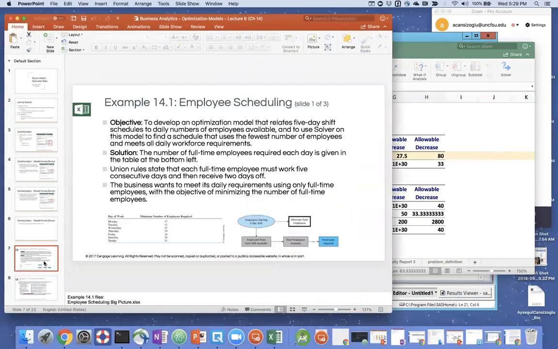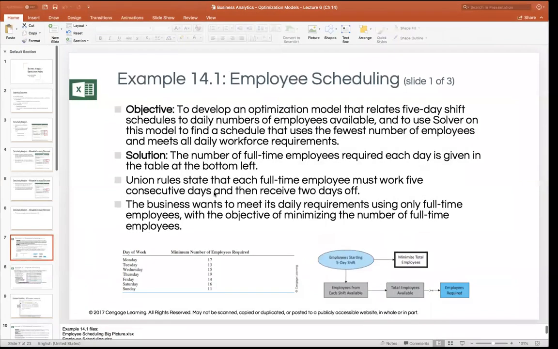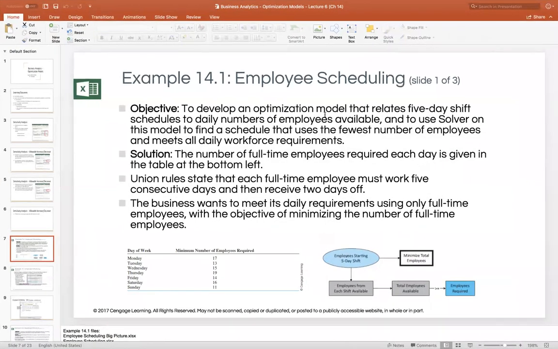Okay, so I'm going to jump into the employee scheduling problem. For the rest of this lecture, we will talk about a couple of applications. The first one is going to be about scheduling. Then we will talk about an example of a product mix. And the last one is going to be on transportation, which is about network optimization. I worked on a similar one, but this is a simplified form.